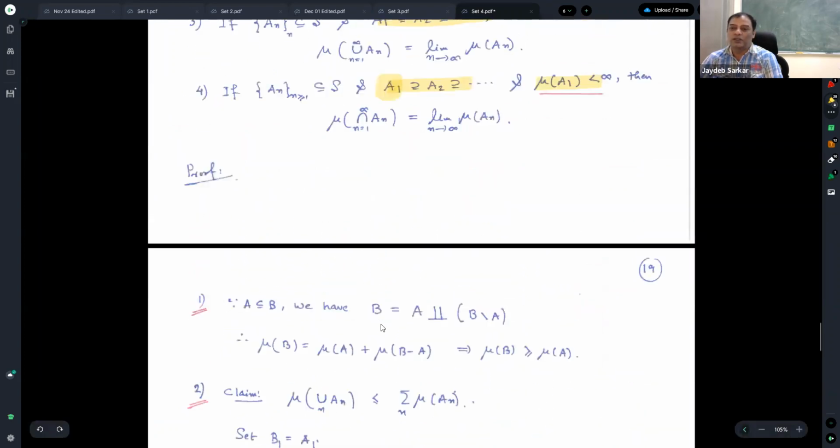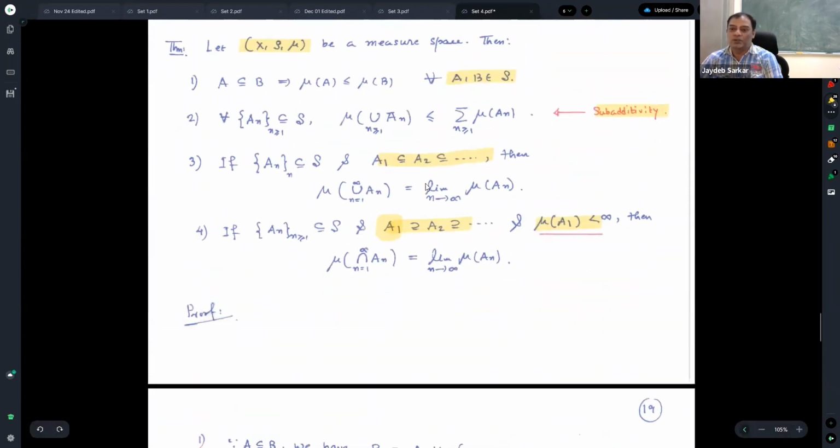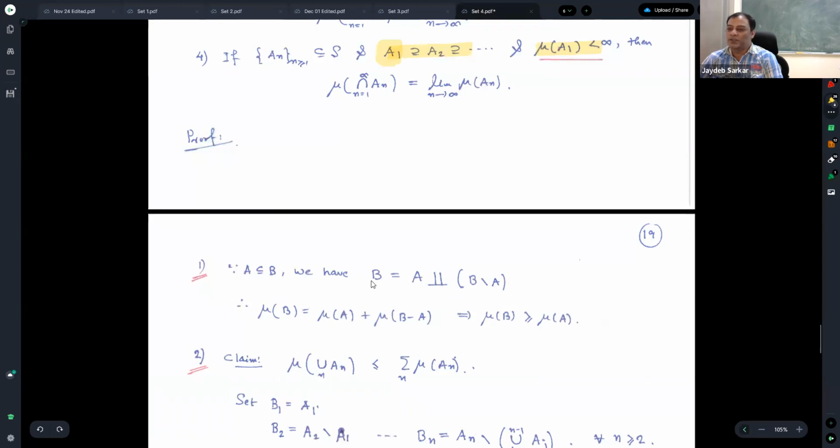So first, you have to prove that it's monotone. If A is a subset of B, then it's simple. You just rewrite B as the disjoint union of A and B minus A. So you write mu B equals mu A plus mu of B minus A, and that tells you mu B is greater than or equal to mu A. Is that right?